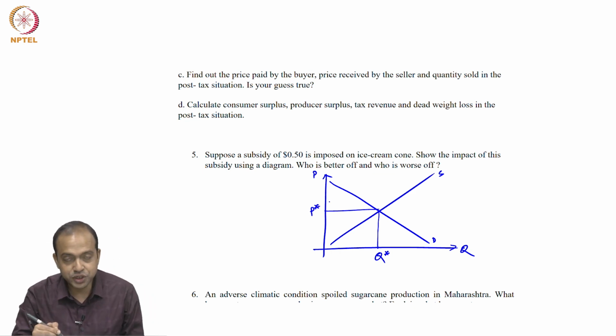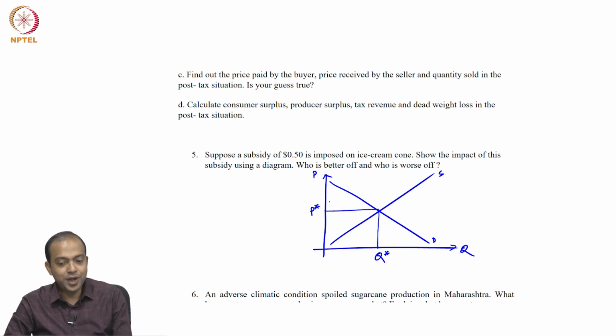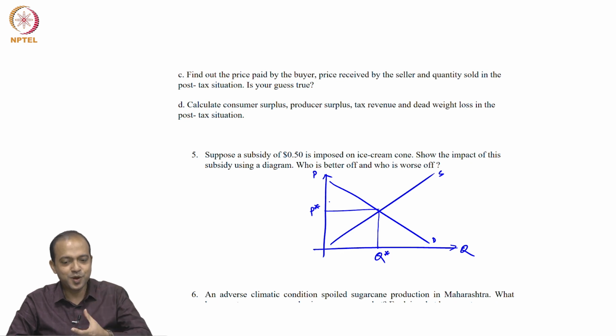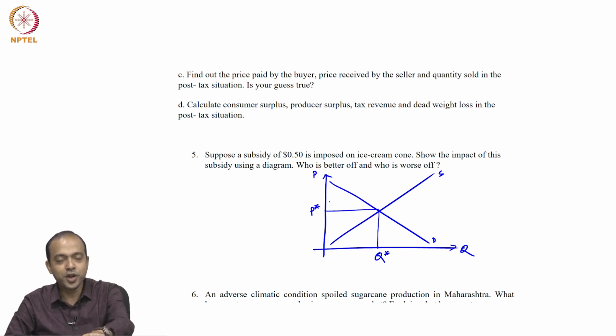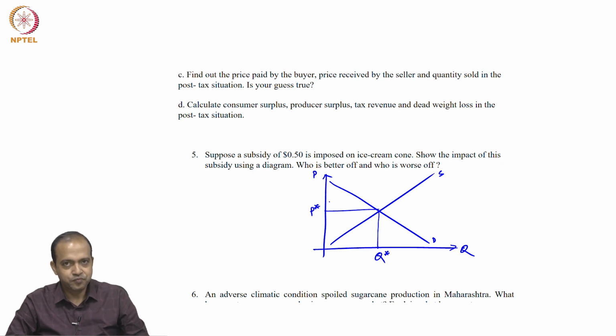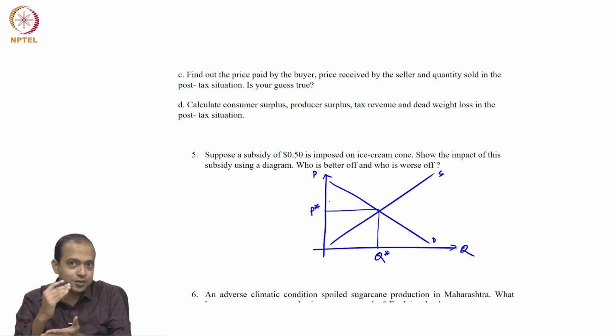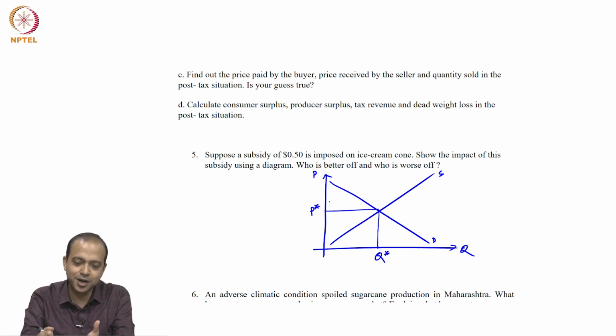So, when a subsidy is given, what will happen to the demand? Obviously, for each price, the consumers are now ready to pay $0.5 extra, because that is the subsidy. So, the mechanism would be just the opposite. A tax results in the demand curve shifting leftward, a reduction in demand.